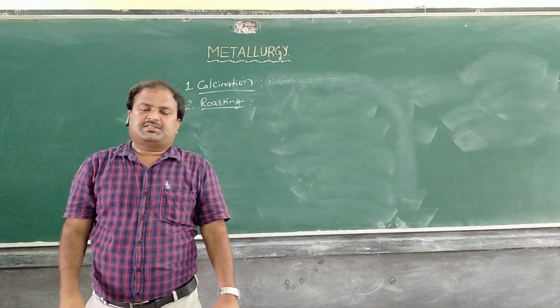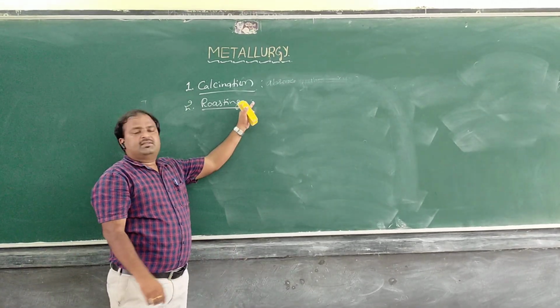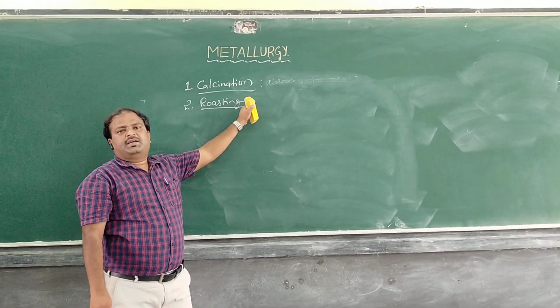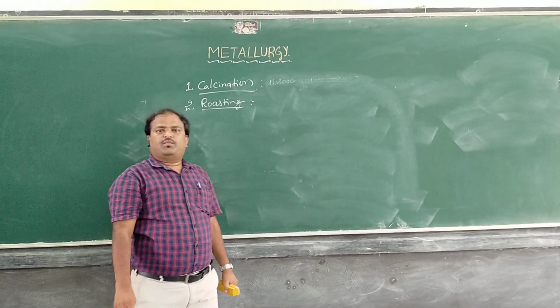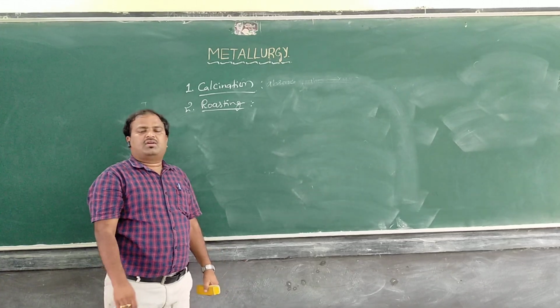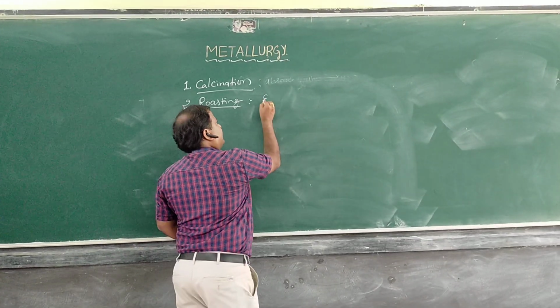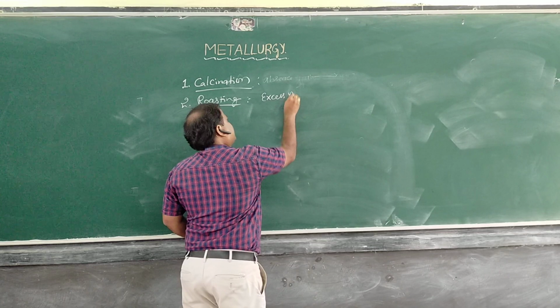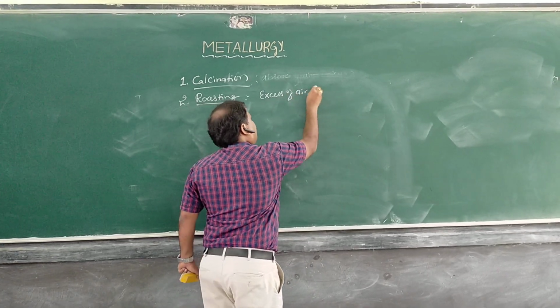So roasting process. It is the heating process in which the concentrated ore is heated in presence of excess of air or oxygen. That is very important. Excess of air or oxygen.